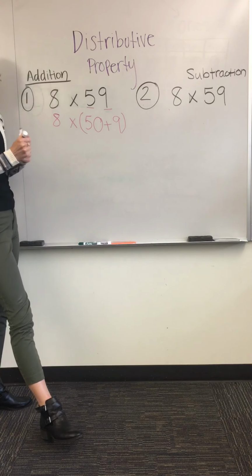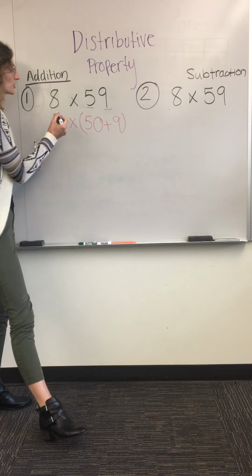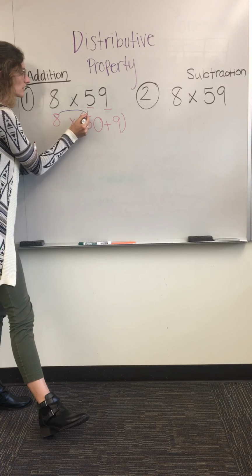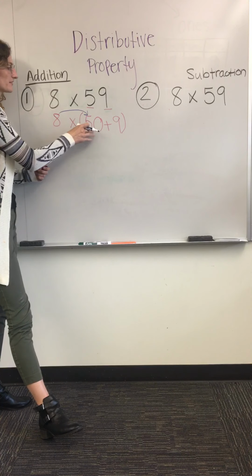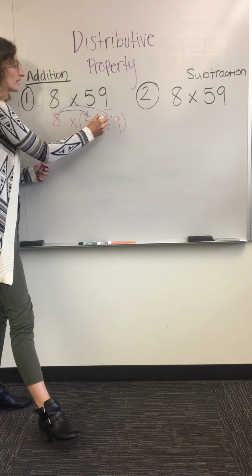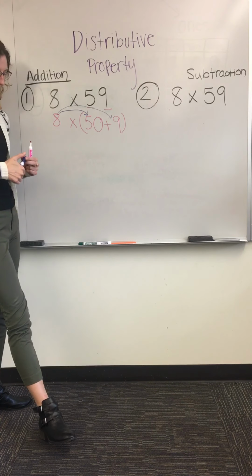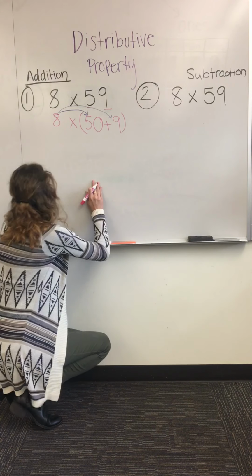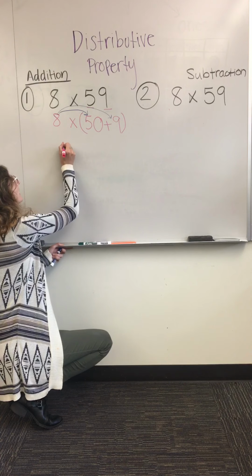And what's nice about the distributive property is we're going to use these arrows to distribute 8 times 50 and 8 times 9. So we're going to distribute that.